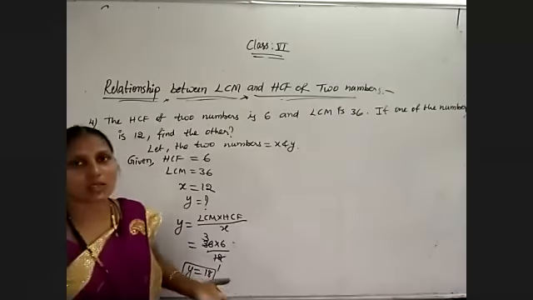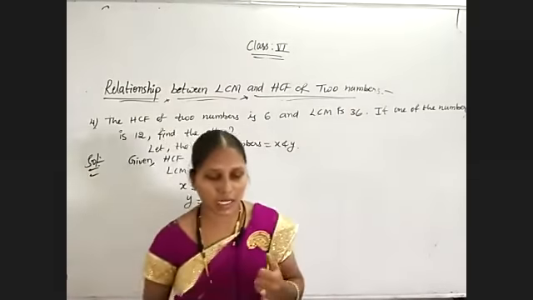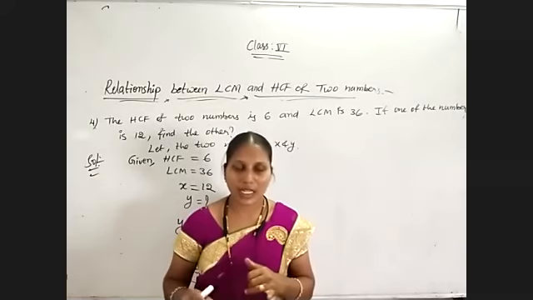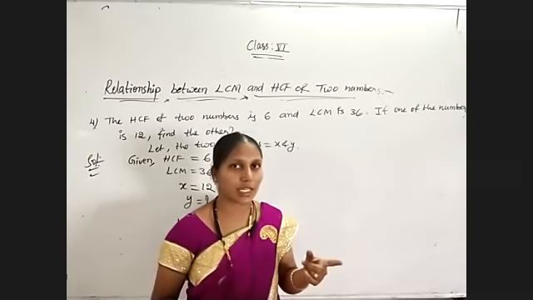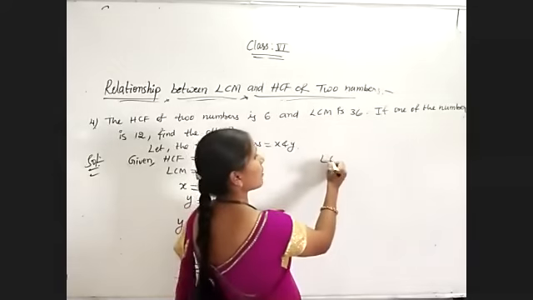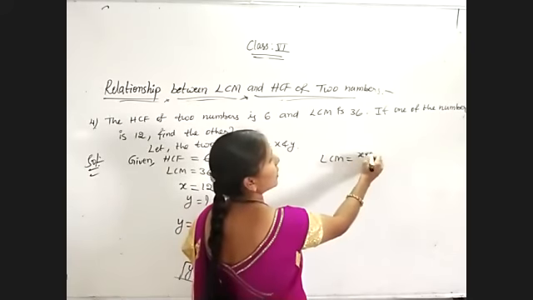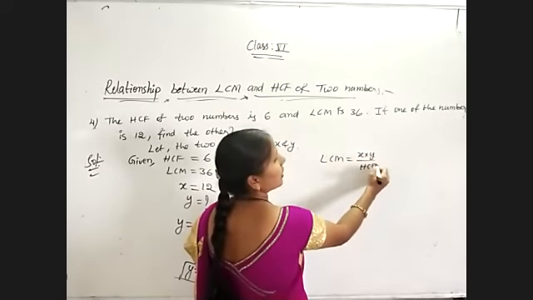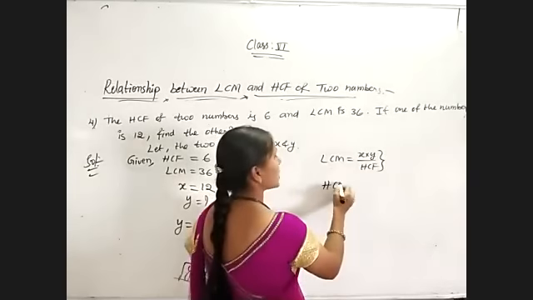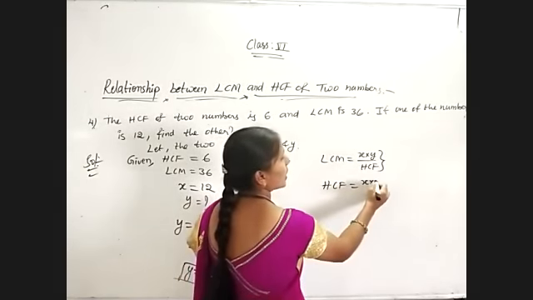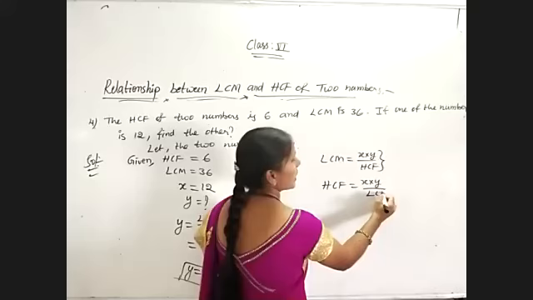So not only these questions, whenever they are asking to find out LCM, the remaining three they will give: product and HCF they will give. In that case, LCM we need to find. So to find that, we have the formula LCM is equal to product of the numbers by HCF. To find out HCF, we have the formula product of the numbers by their LCM.